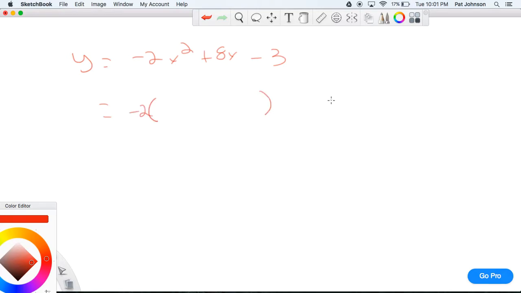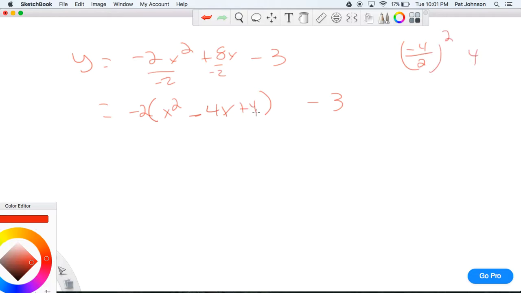Basically, I'm dividing by -2 by factoring out. So this becomes x squared, positive divided by negative is a negative, 4x. Alrighty, so now it's all tied together because I factored it out. So now I take -4, that's our b, divided by 2 and square it, and I get 4.